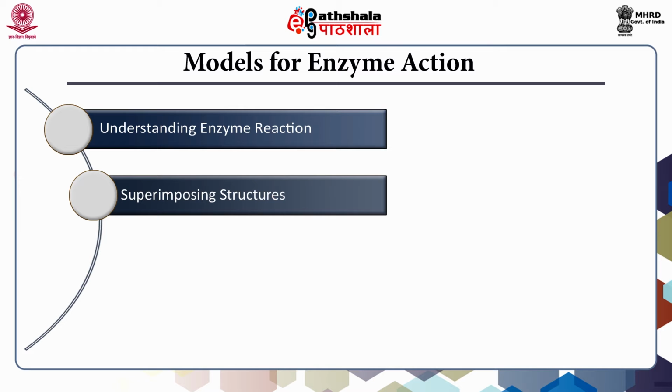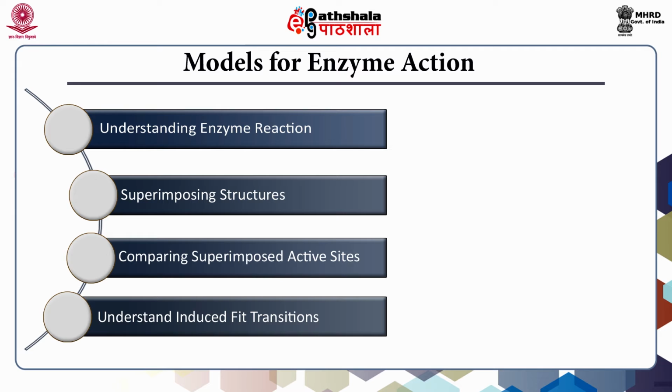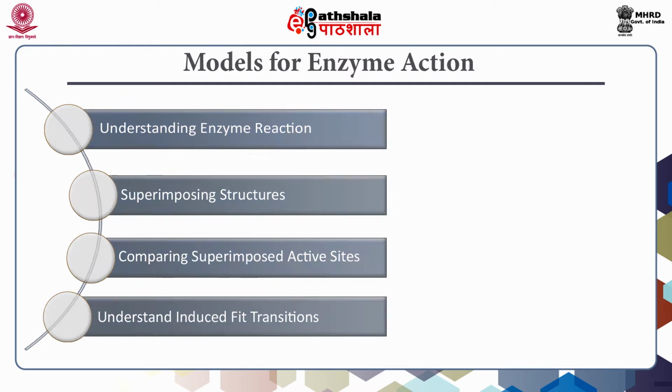Then we will follow superimposing 2 different structures of the same enzyme to achieve structural alignment for comparing superimposed active sites of the same enzyme, one for the free enzyme, that is free active site, and the other active site bound to a ligand such as substrate, product, or even the transition state analog, so as to understand the induced fit transitions of the active site to bind these ligands.